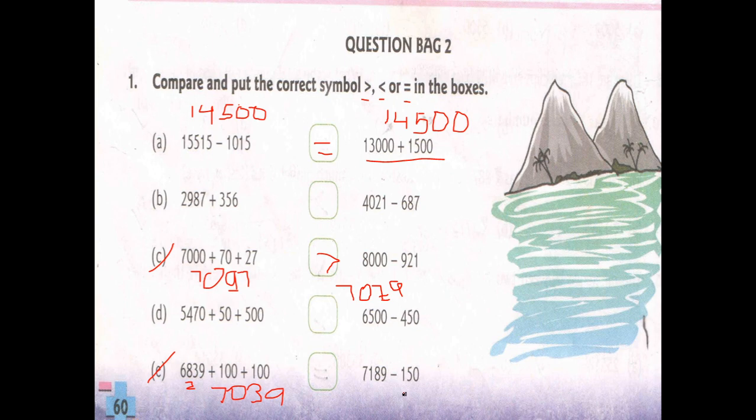Now subtract here: 9 minus 0 is 9, 8 minus 5 is 3, then 1 minus 1 is 0, and this is 7. So when you are comparing, these two numbers are equal. So we have to put the equality sign here.